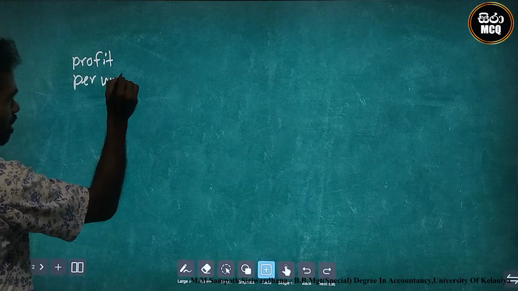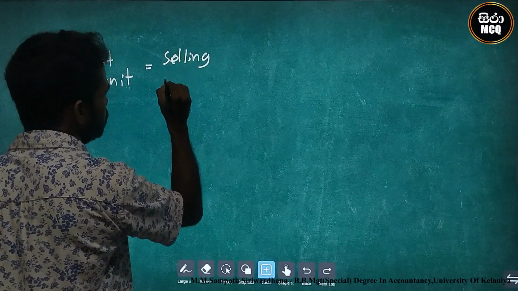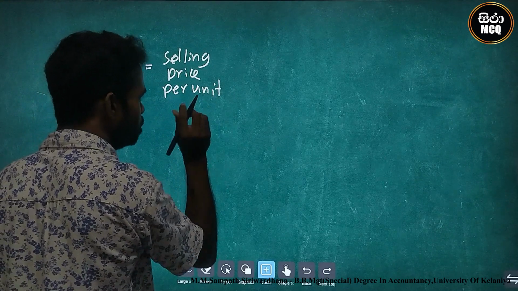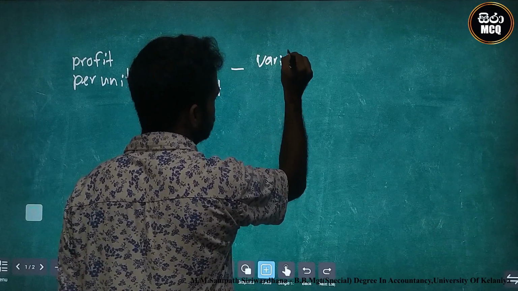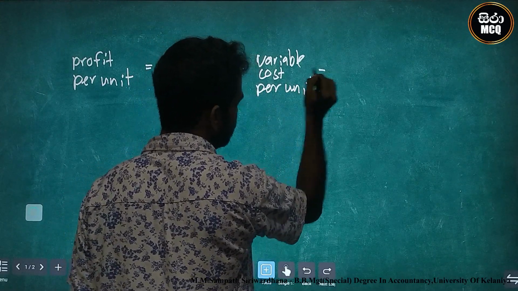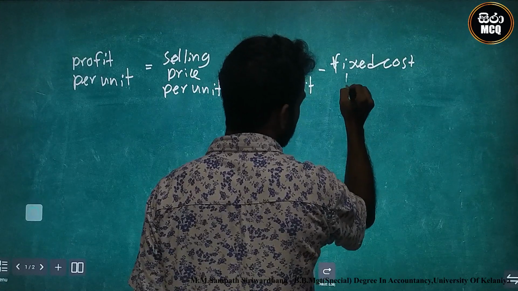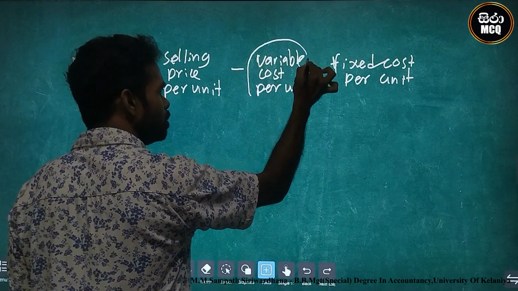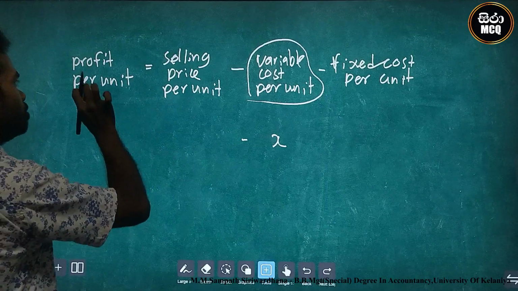Unit selling price minus unit variable cost, deduct unit fixed cost. Our requirement is variable cost per unit, so I use X. We can find all of this.